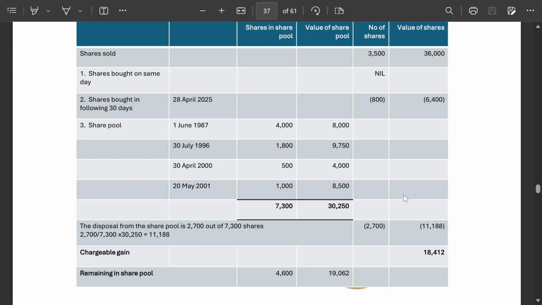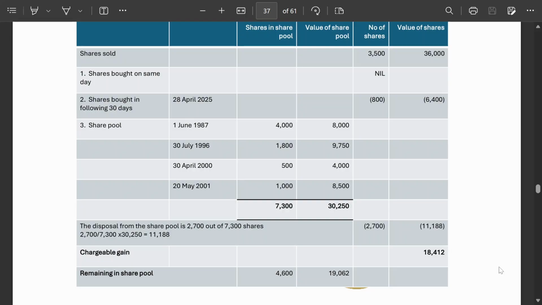So you got two cost numbers. This is your net sale proceeds, and now we're talking about acquisition cost. This one is for the 800 shares, and this one is for the 2,700 shares. So your net is 36 minus this, which gives you 18.4. Then you just have to make a note of what is remaining in the share pool.